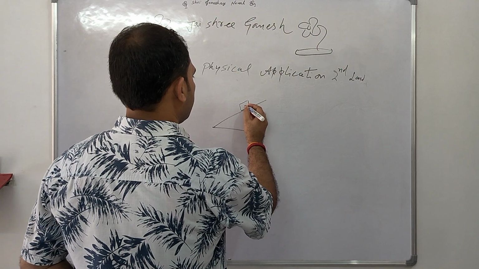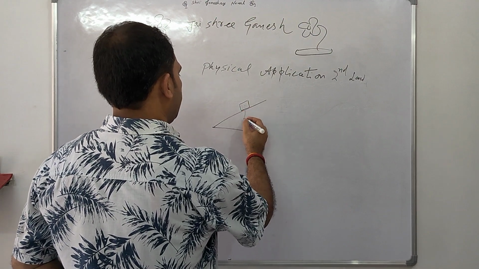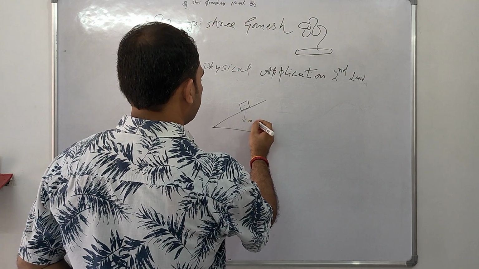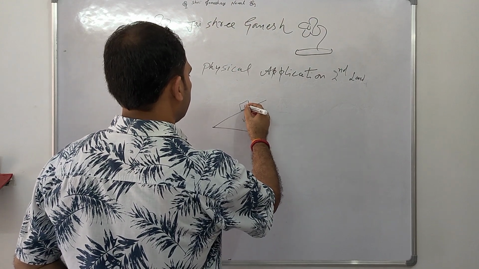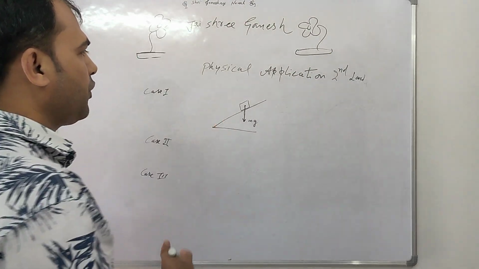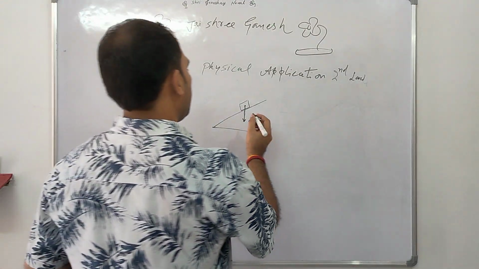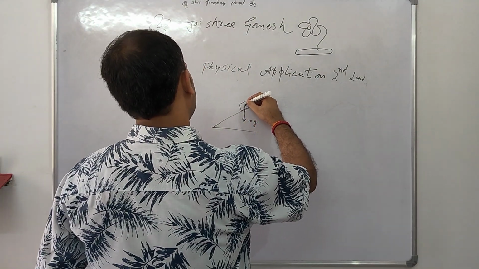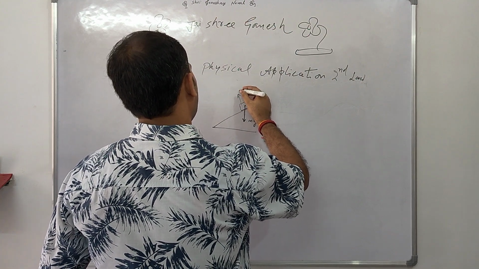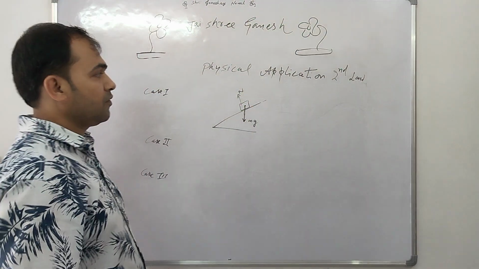So mg will be vertically downward, gravitational pull will act vertically downward, and the normal reaction will be perpendicular to the surface.